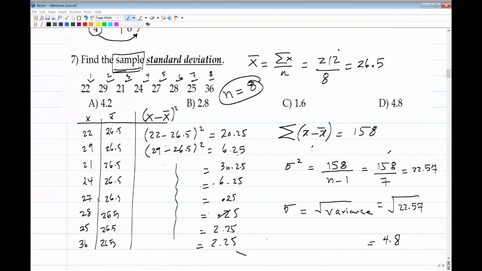As you can see, my values are not the same. What I need to do is clear this and put 26.5.